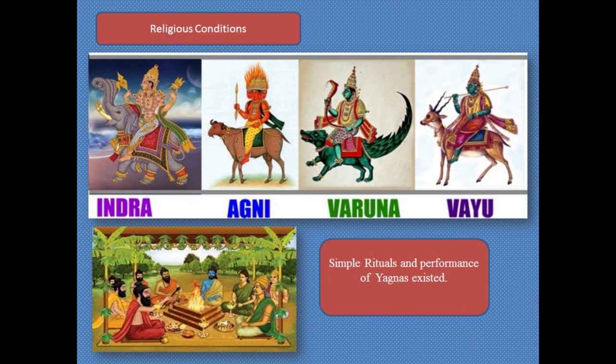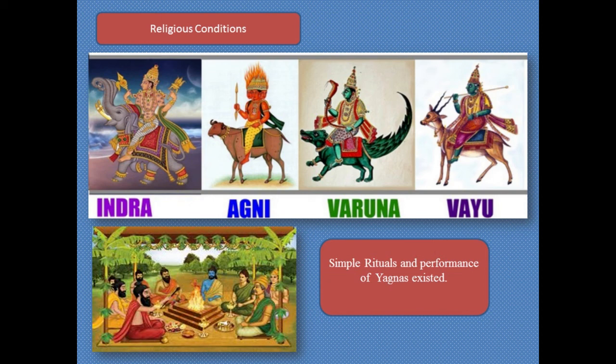Indra was the head of all the gods. Agni was the god of fire. Varuna was the god of rain. Vayu was the god of wind. Prithvi is the god of earth. Surya, the sun god. Then we have Soma, the god of intoxication or drink. So this is how the Vedic religion existed.